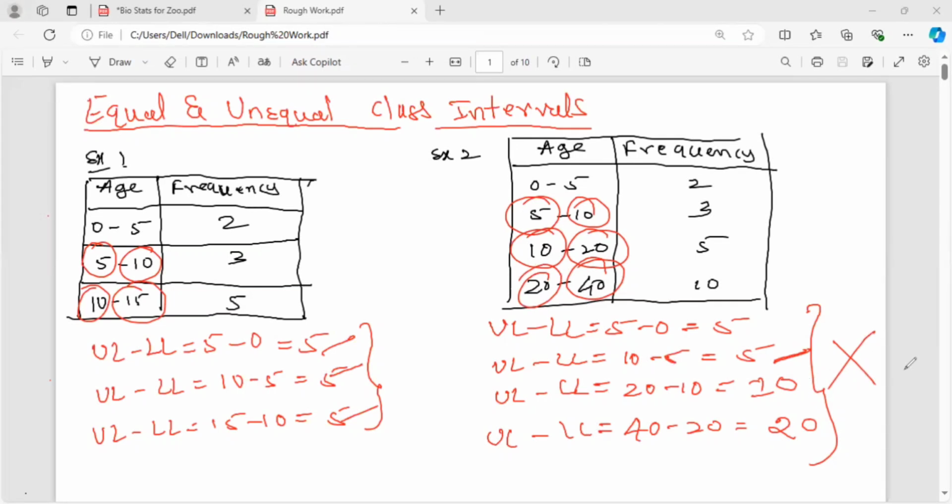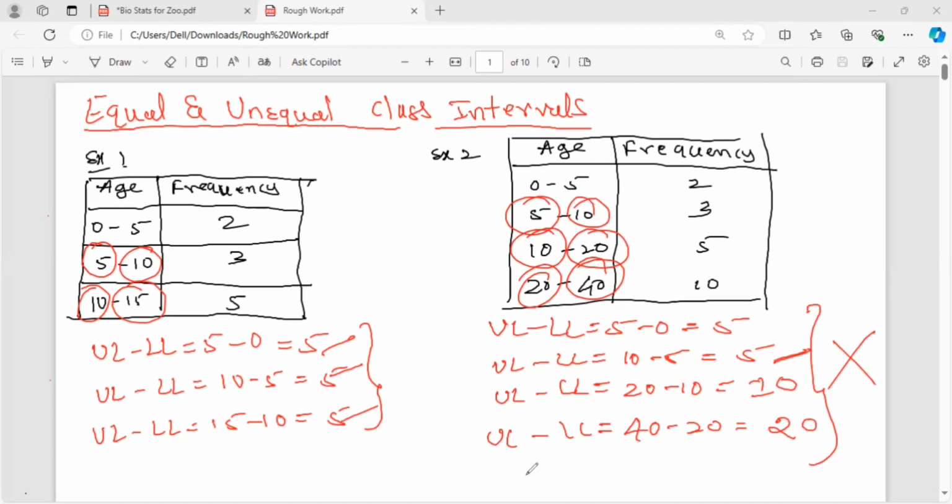So if in a given distribution the size of the class interval or class width is not the same throughout, right? If only two are the same, we can't say equal class interval. If there are four class intervals, the class width should be the same for all four.